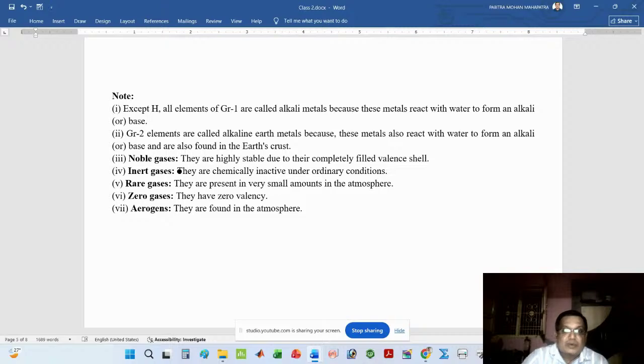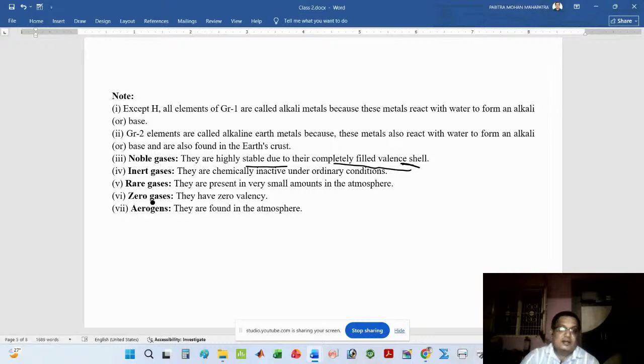Because they are highly stable, so they are special among all the elements. They are the ideal ones for following the electron configuration. All the elements want to attain the electron configuration of a noble gas element. They are great, so they are said to be noble gas.